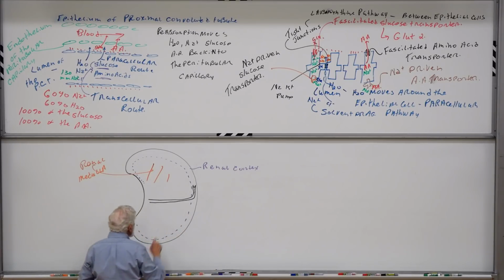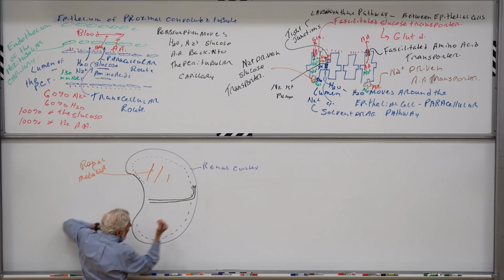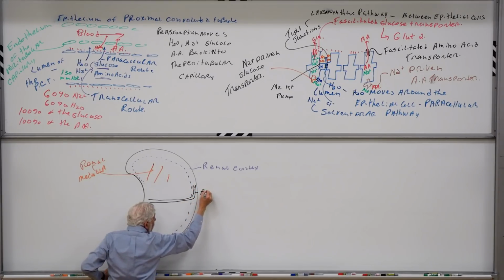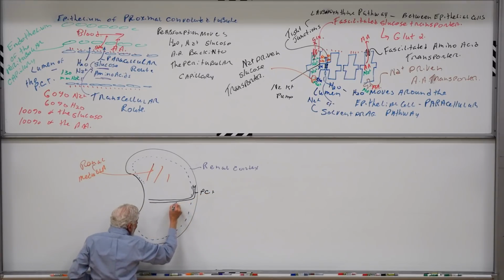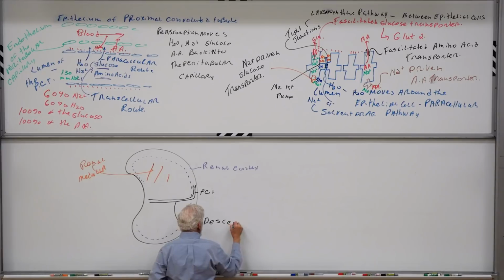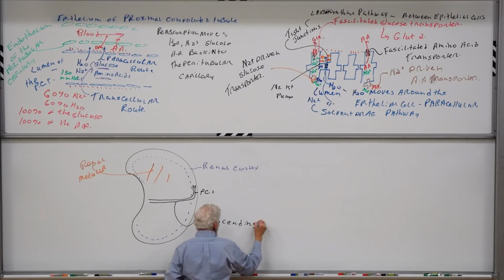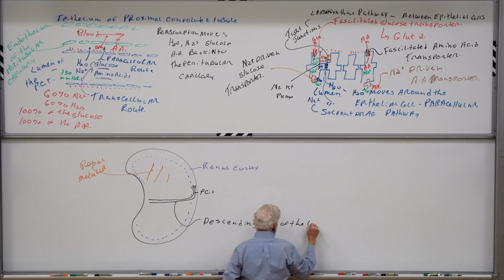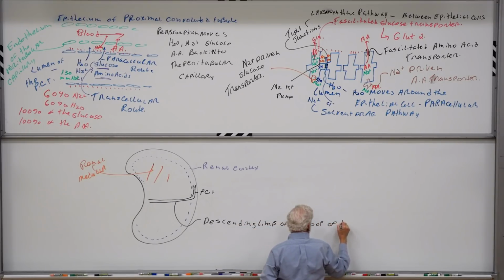And if we follow this tube of epithelial cells, it begins up here in Bowman's capsule, extends into the proximal convoluted tubule, but then extends into this structure known as the descending limb of the loop of the nephron.